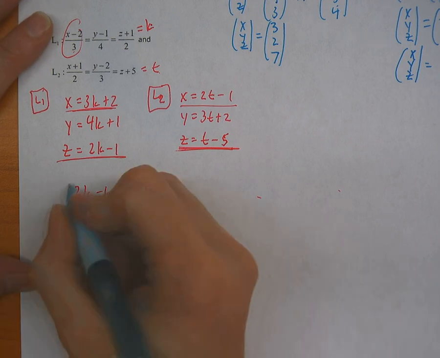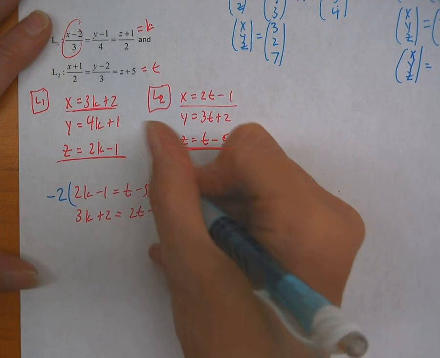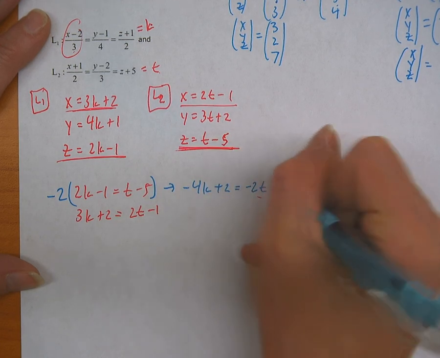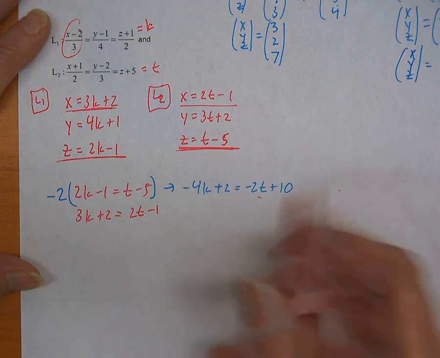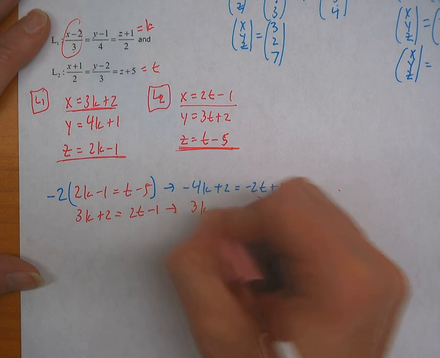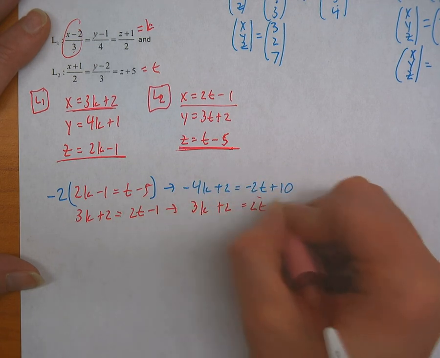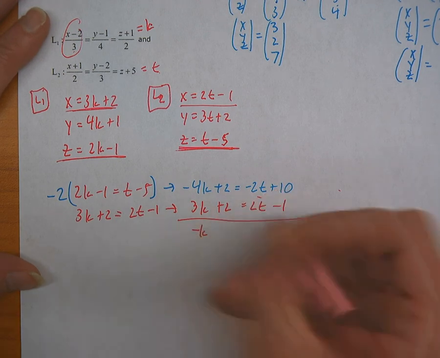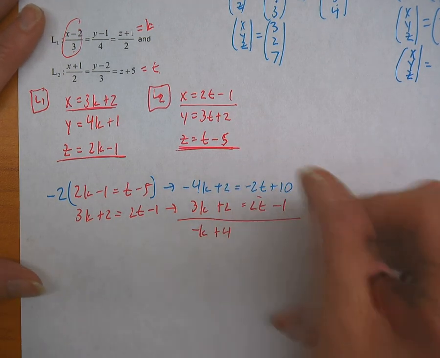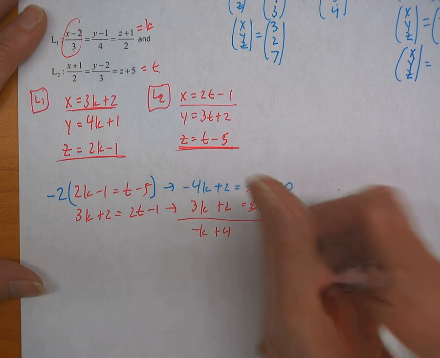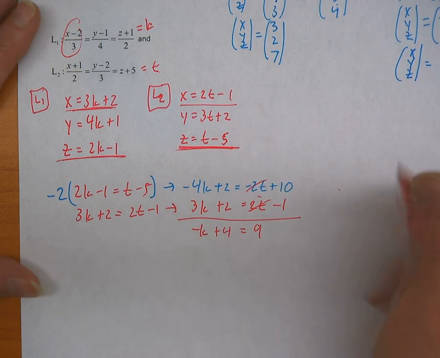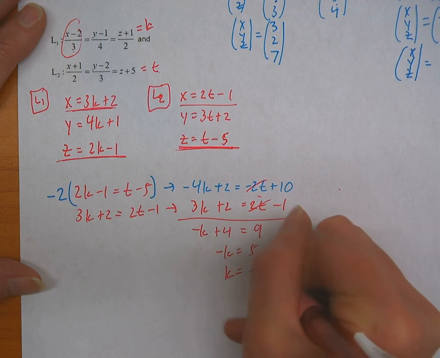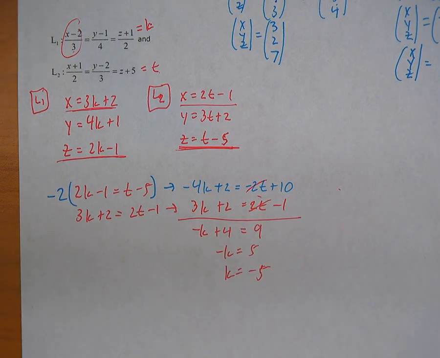So I think I'll times this by negative 2. Keep this one the same. So I'll have negative K plus 4, these canceled, equals 9. So negative K equals 5, so K equals negative 5.